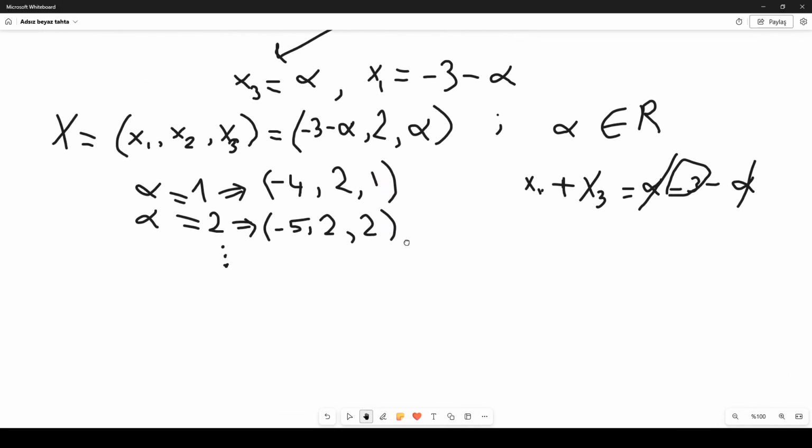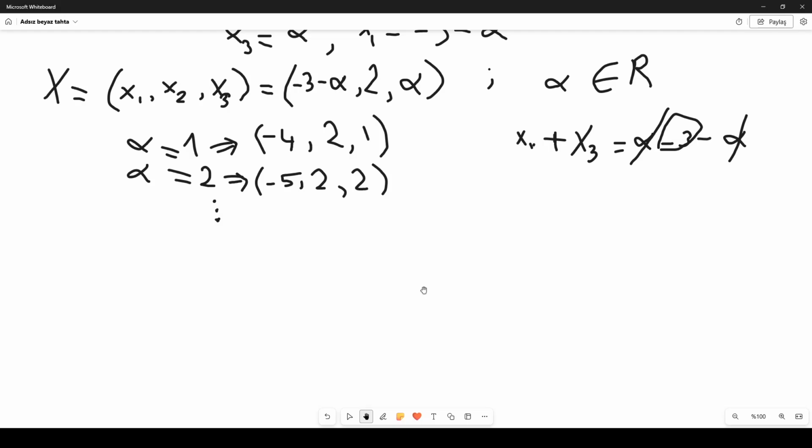Now, this is an interesting point to notice. And let's see another example to show you another option that we can run into. Now I will give you another system to solve.